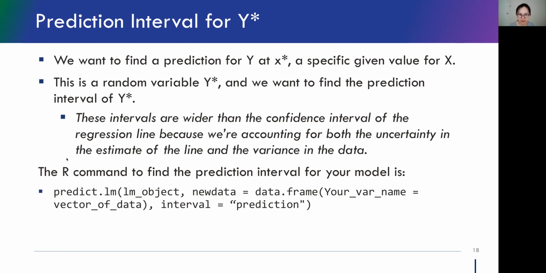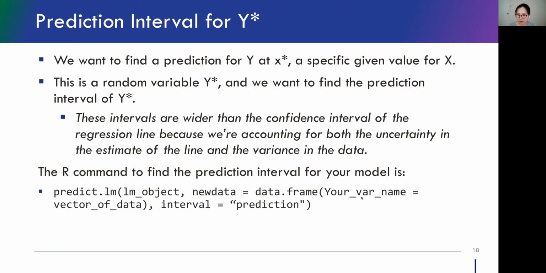So in practice, when you're trying to calculate this prediction interval, you can just use this argument. You do predict.lm. So again, this is your lm object, where in our election example, I call it my.lm. And you specify the new data. You can put it into a data frame.